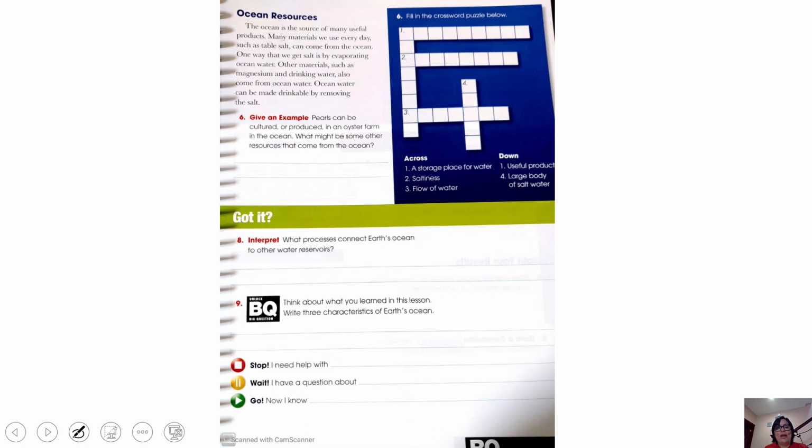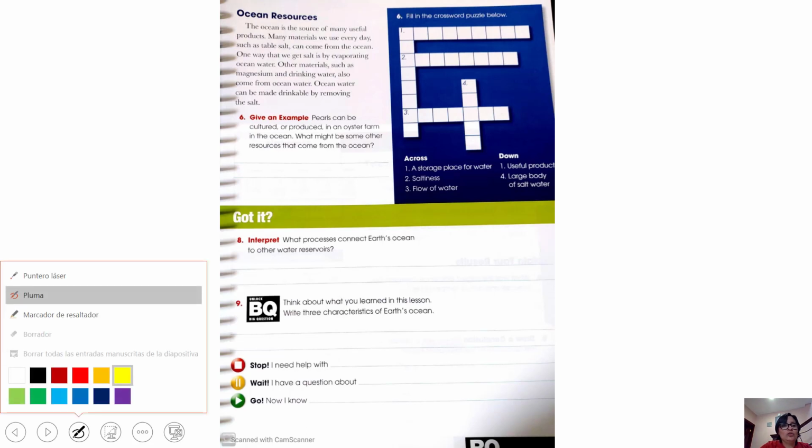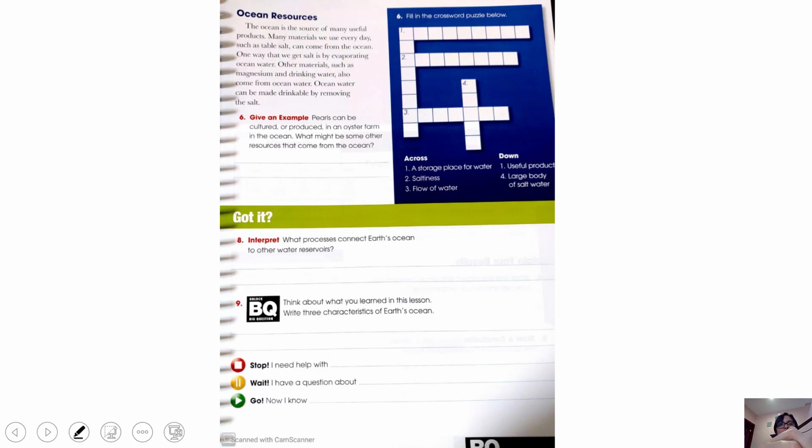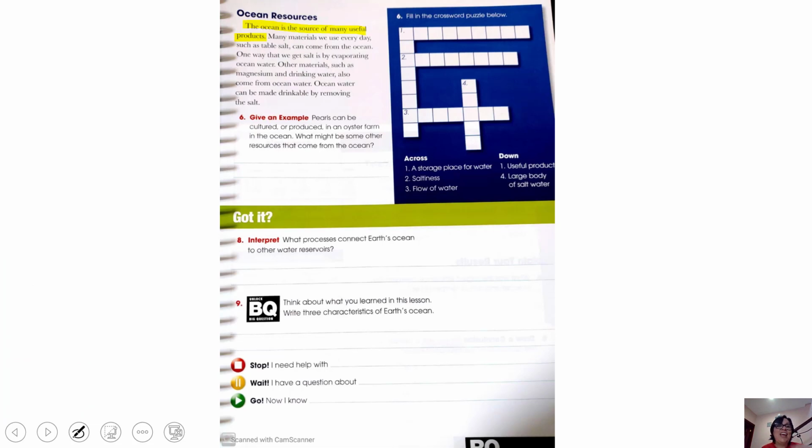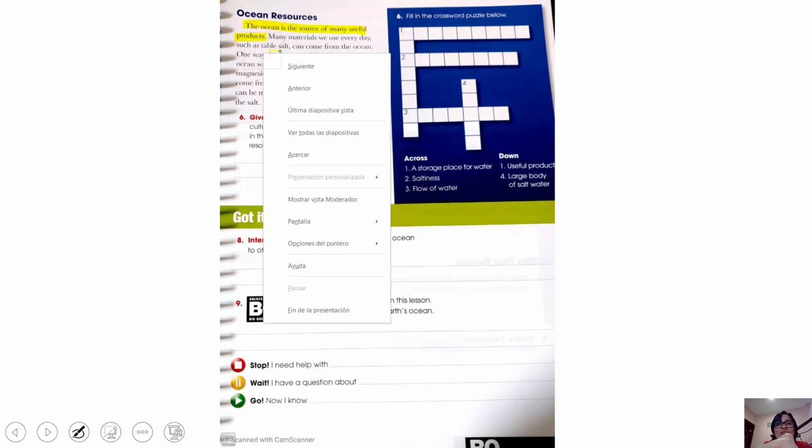So we are going to underline or highlight this: the ocean is the source of many useful products. Which ones are those useful products that we can get from the ocean? Many materials that we use every day, such as what? Every day your mom uses this for cooking: the salt, the table salt.